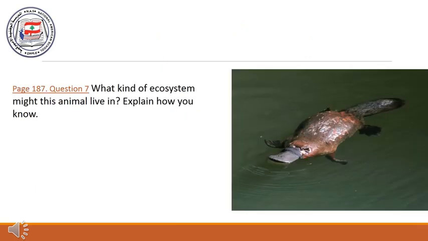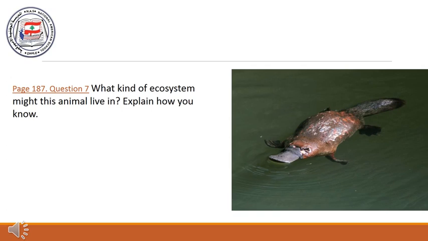I want to solve question number 7 on page 187. What kind of ecosystem might this animal live in? Explain how you know. So I want you to think about this animal. It has webbed feet to swim. It has fur to keep it warm. And it is a semi-aquatic animal.